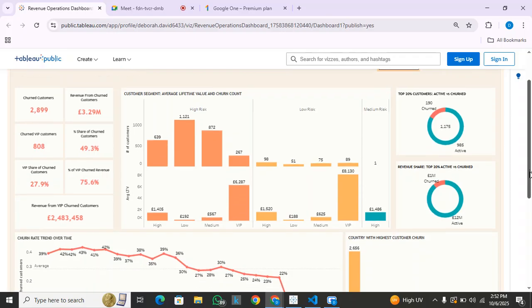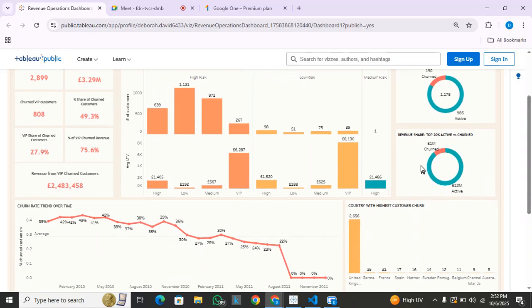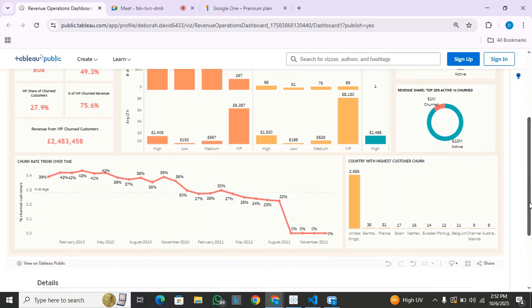And then revenue share, top 20% active versus churned: the churned bring in just 1 million and the active are bringing in 12 million pounds.